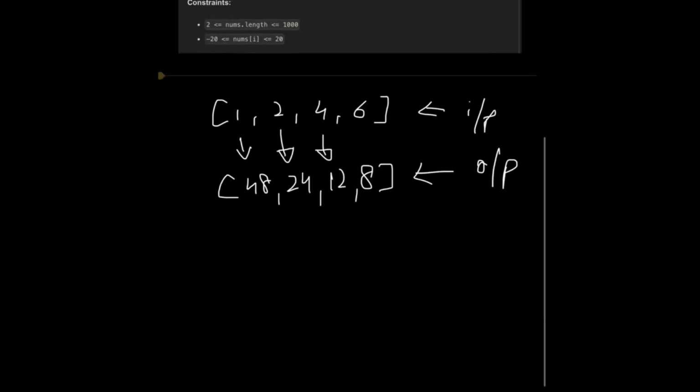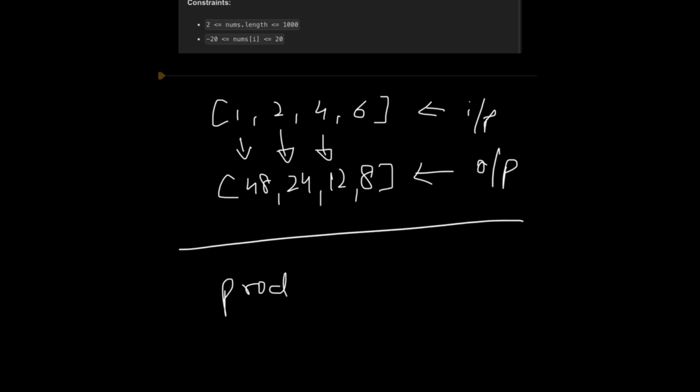Now there are a few ways to calculate this. If you see closely, basically we need to have the product of all numbers in the array except the number we're going through, right? And one way we can do this is to calculate the product of all numbers, which will be 48.